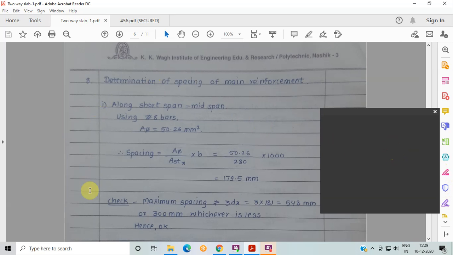Here percentage of steel is given, and for different grades of concrete the values are given. The value of K is given according to the depth. If depth of the slab is 150 or less, K value is 1.3, and as depth of the slab increases to 300, K value decreases. So this clause is utilized in this equation. We got tau c as 0.28 and K value as 1.2.